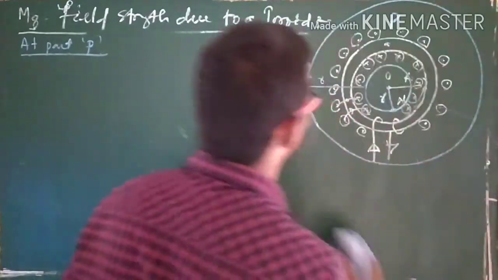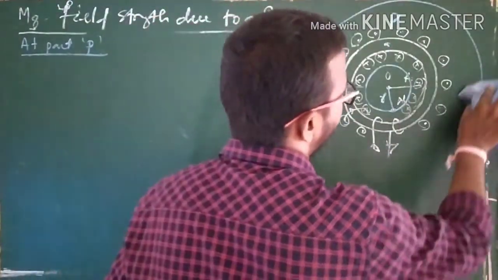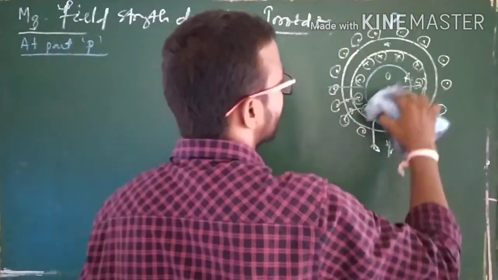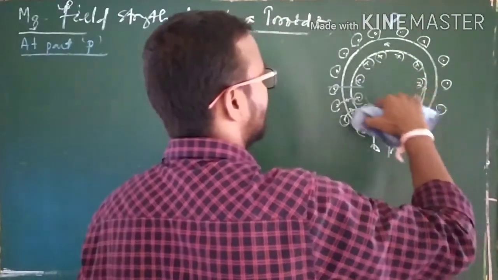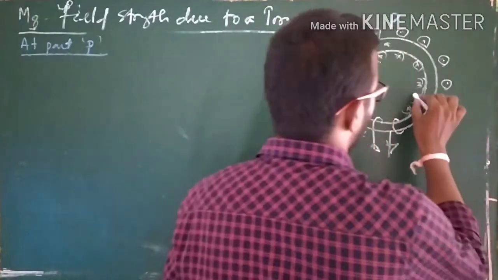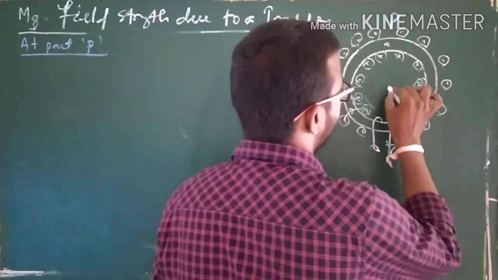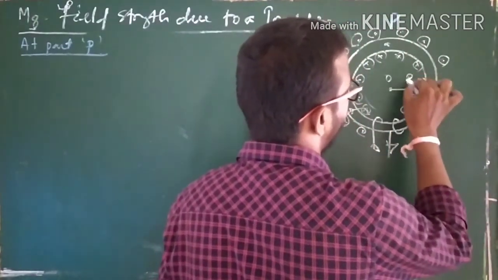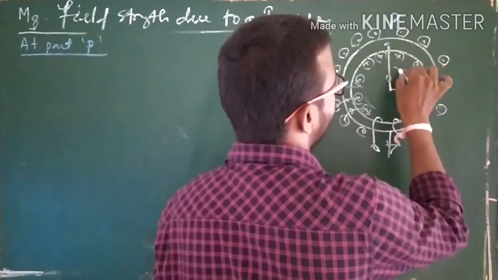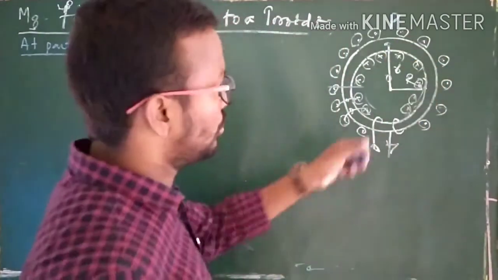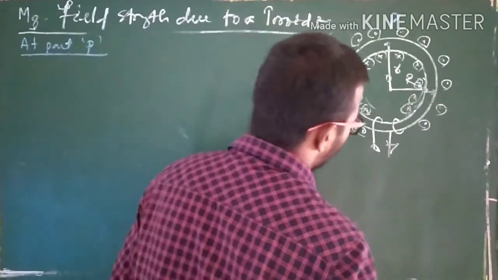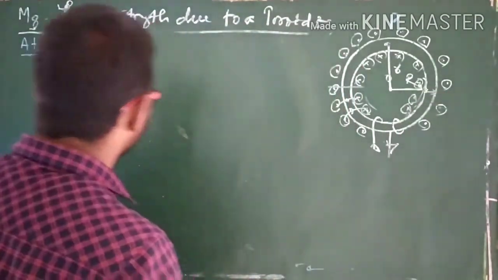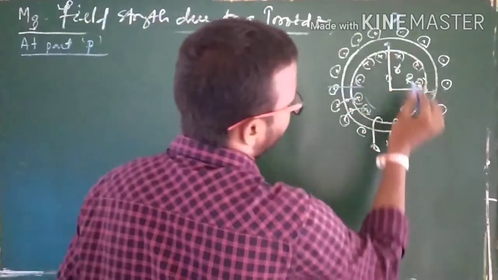Now if you make a clear diagram, this is the cross point and this is the center O and this radius R. Suppose this distance is small r. For an ideal solenoid, this thickness is very small.